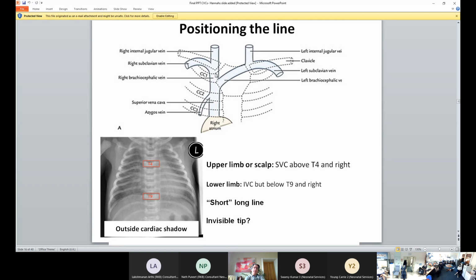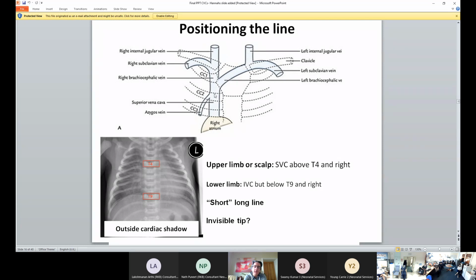This junction happens just behind the junction between the clavicle and the sternum, and then it passes down in the first intercostal space as brachiocephalic, where it joins the brachiocephalic from the other side, this one, in the first intercostal space.